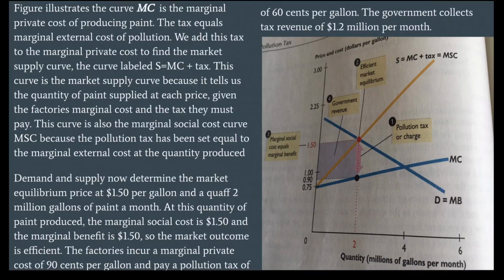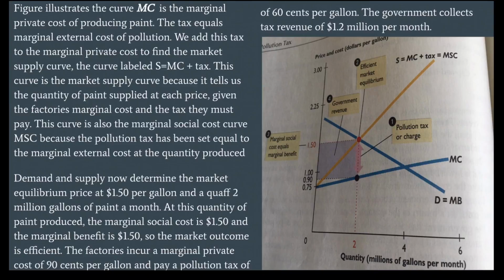Demand and supply now determine the market equilibrium price at $1.50 per gallon, and 2 million gallons of paint a month. At this quantity of paint produced, the marginal social cost is $1.50 and marginal benefit is $1.50, so the market outcome is efficient.